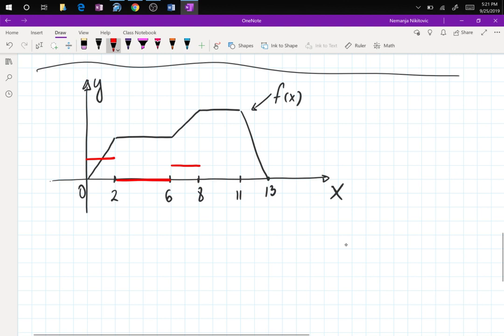Now what happens from 8 to 11? Also 0, because it's constant. Finally, what's happening from 11 to 13? It's decreasing. Excellent. The derivative is going to be below the x-axis. The derivative is going to be negative because we have a decrease.